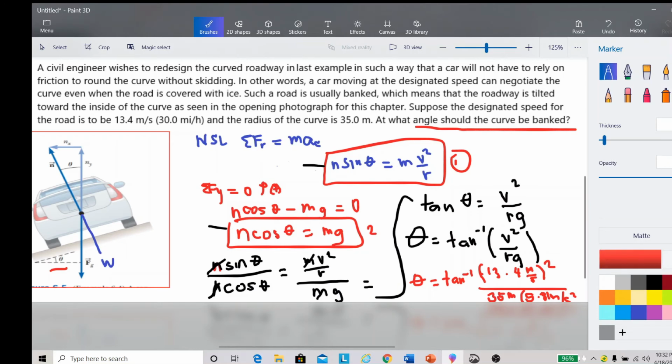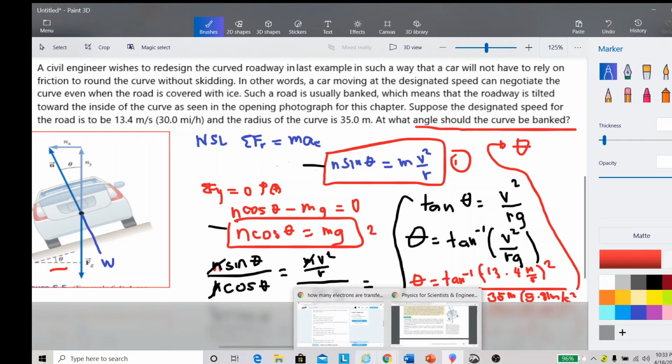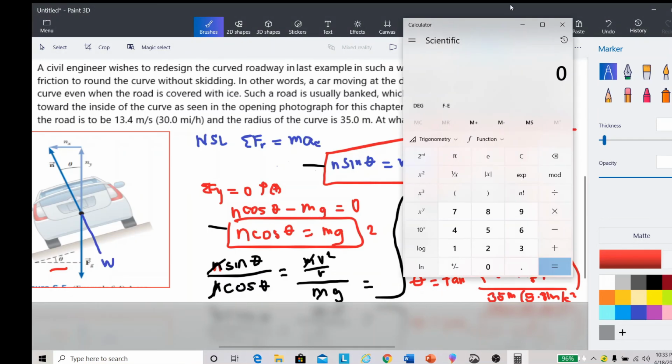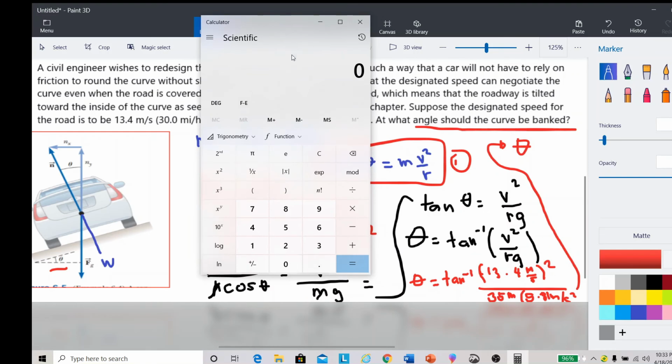So let us now go here and find the value of theta. Let us grab a calculator. We say 13.4 squared, divide that by 35, and then divide that by 9.81.